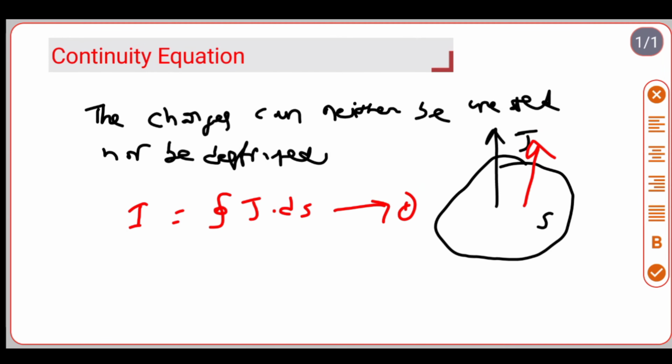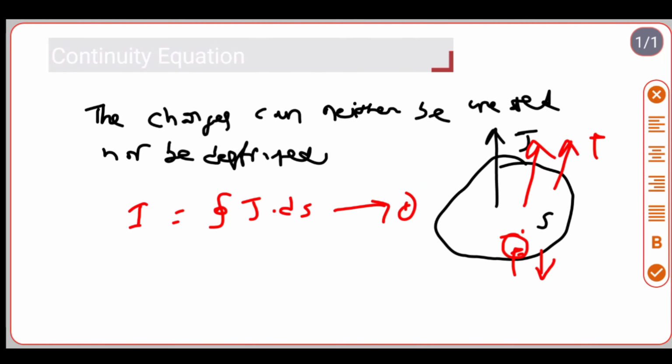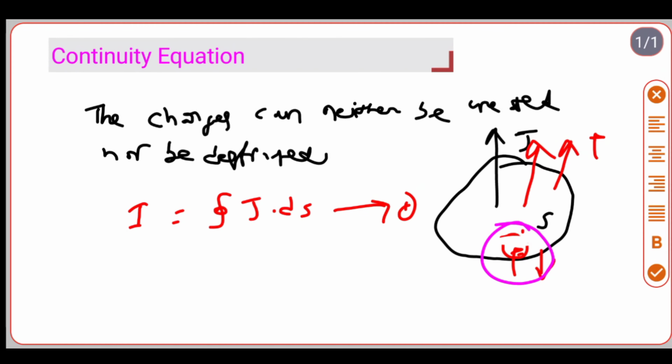According to the principle of conservation of charge, if positive charge is moving outward, there must be a decrease in an equal amount of positive charge inside the closed surface.